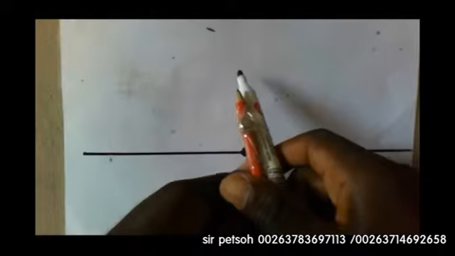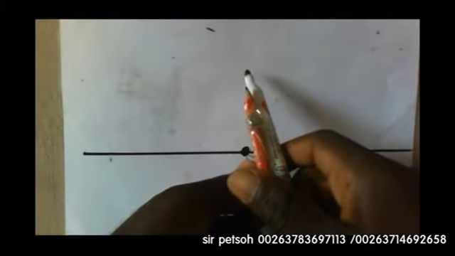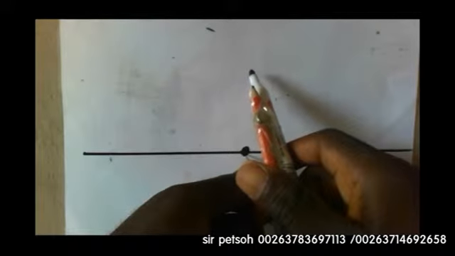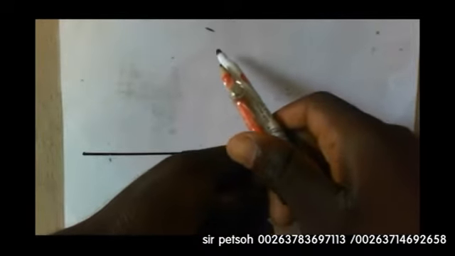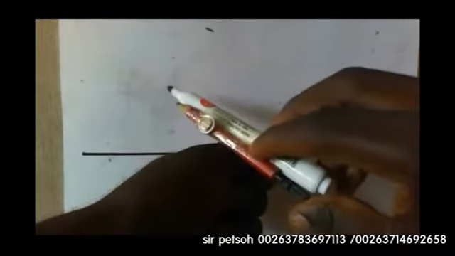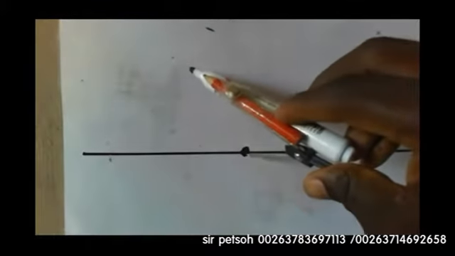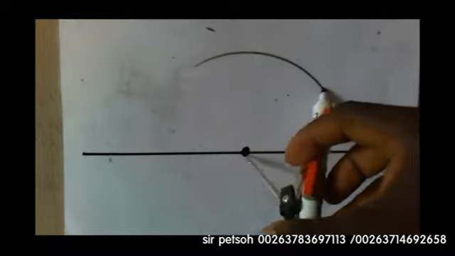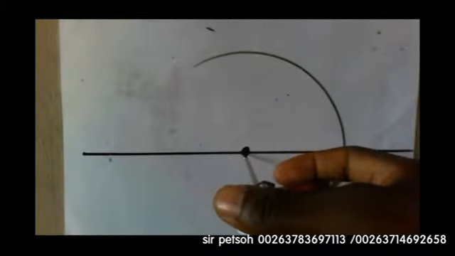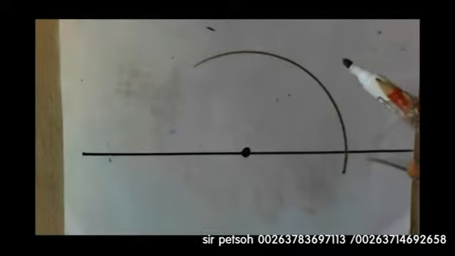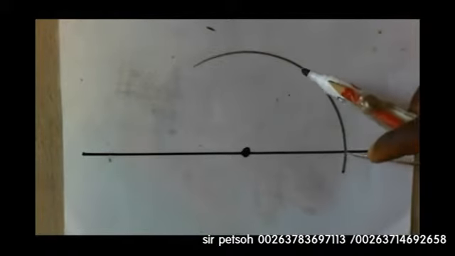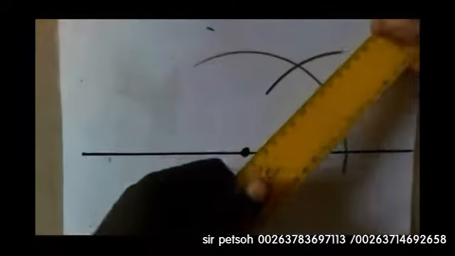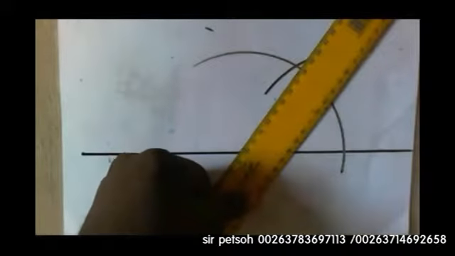So we bisect 60 degrees to come up with 30 degrees. As I said earlier, in construction of 60 degrees, we construct the first arc to intersect with the horizontal. Come to this point, draw another arc, take your ruler, and join these 2 points.